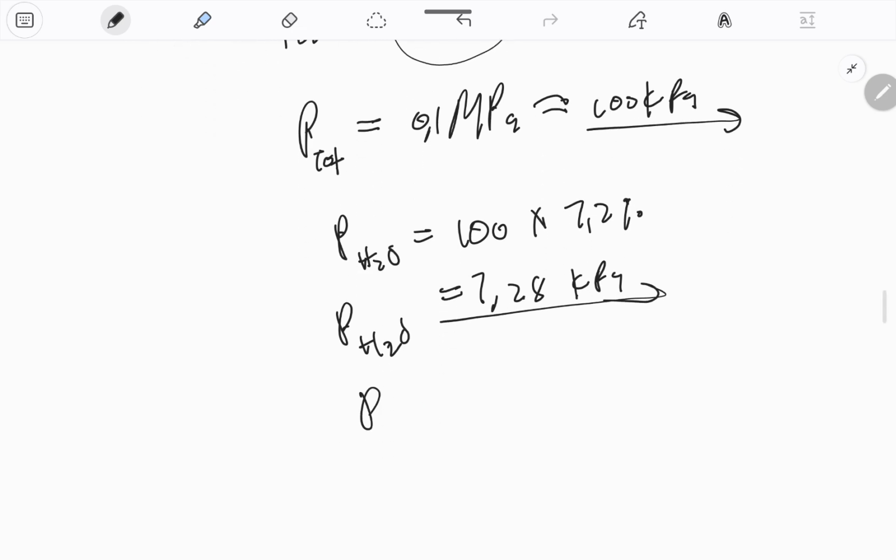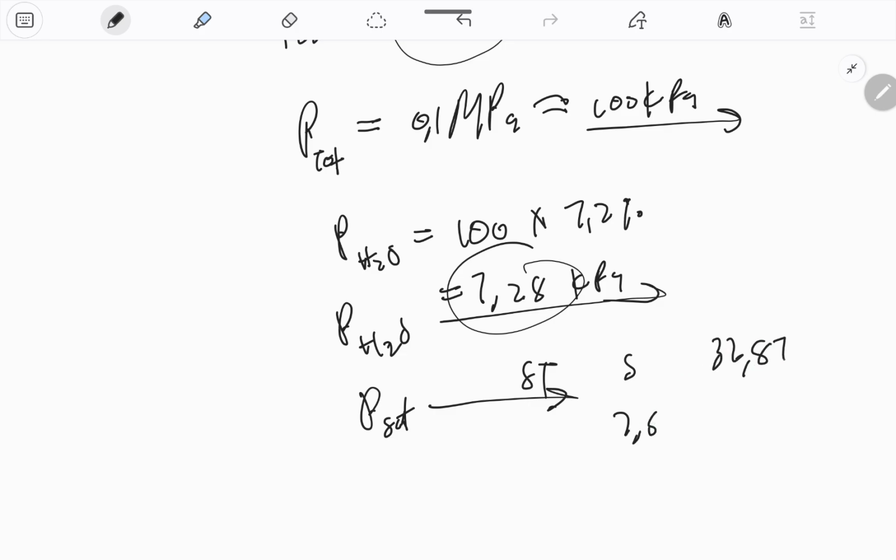And then we're going to call this P_g, and go to our steam table. Let me go find it first. In my book, this number is between 5 and 7.5, and here it's 32.87, and here it's 40.29.